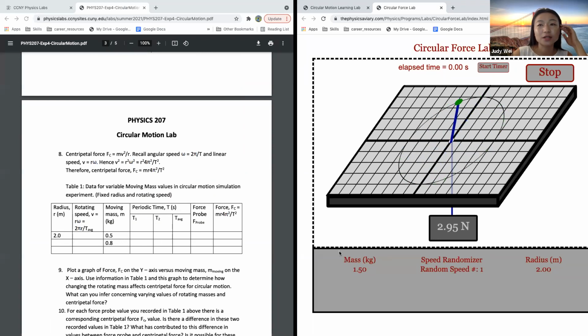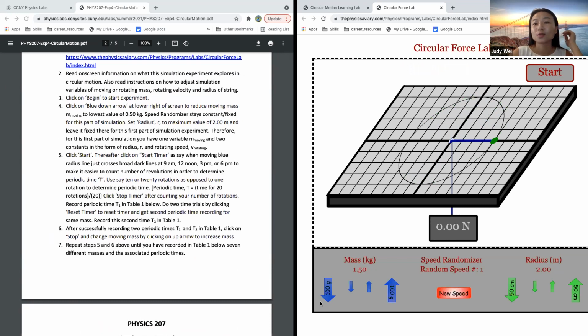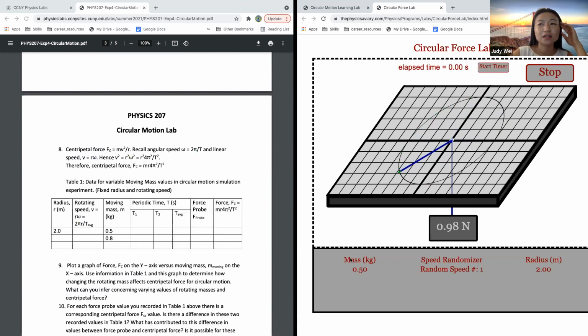You can start from 1.5 or 0.5. Okay, I apologize. So we have to start from 0.5. So this is from the minimum, and then start. So you have 0.5, and then if you increase the arrow to increase the mass, you can see here.